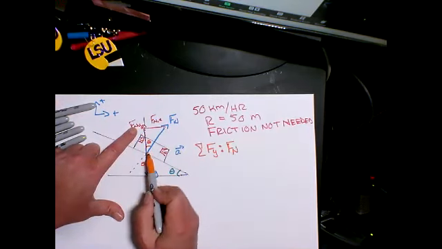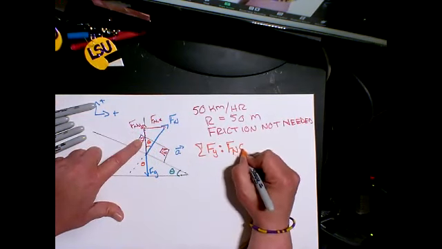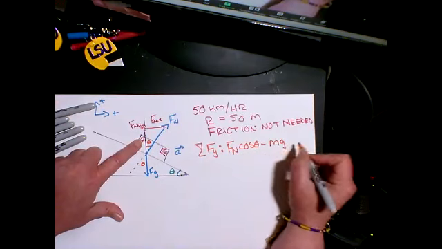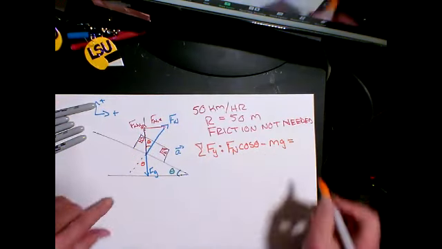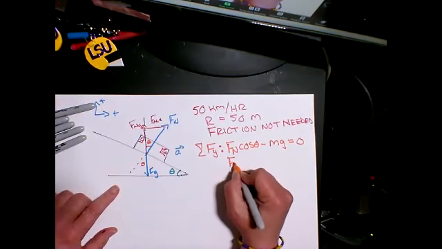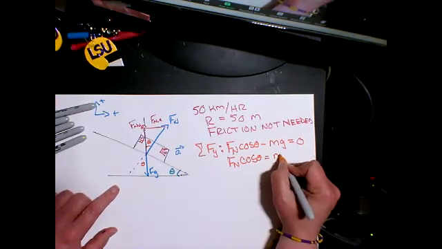So force normal is touching that line. Force normal cosine of theta minus mg. And that's not flying up in the air or falling down, so that equals 0. So my force normal cosine theta equals mg.